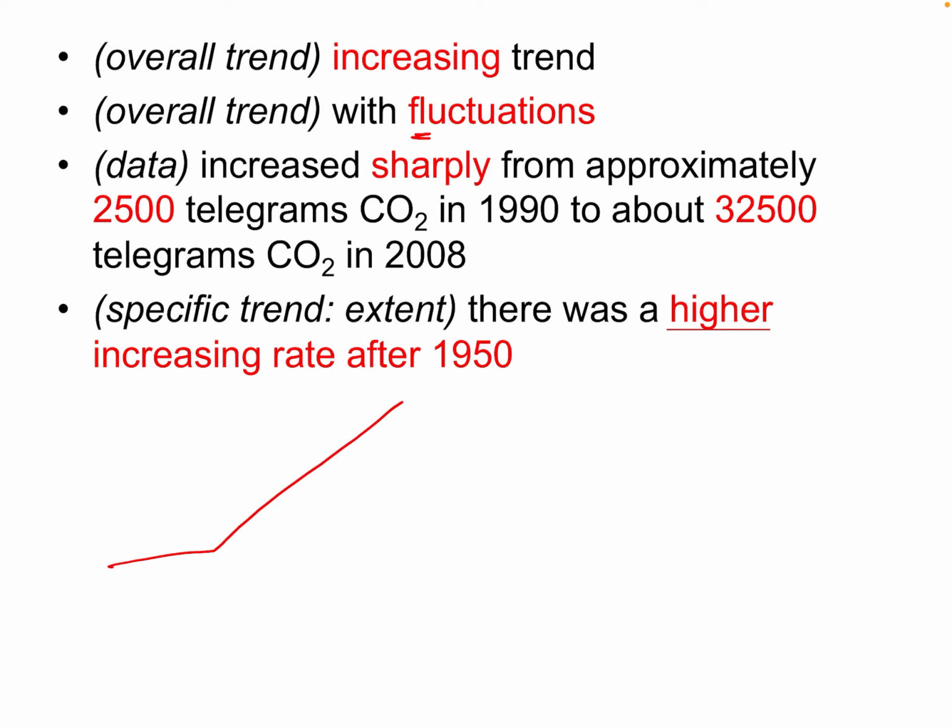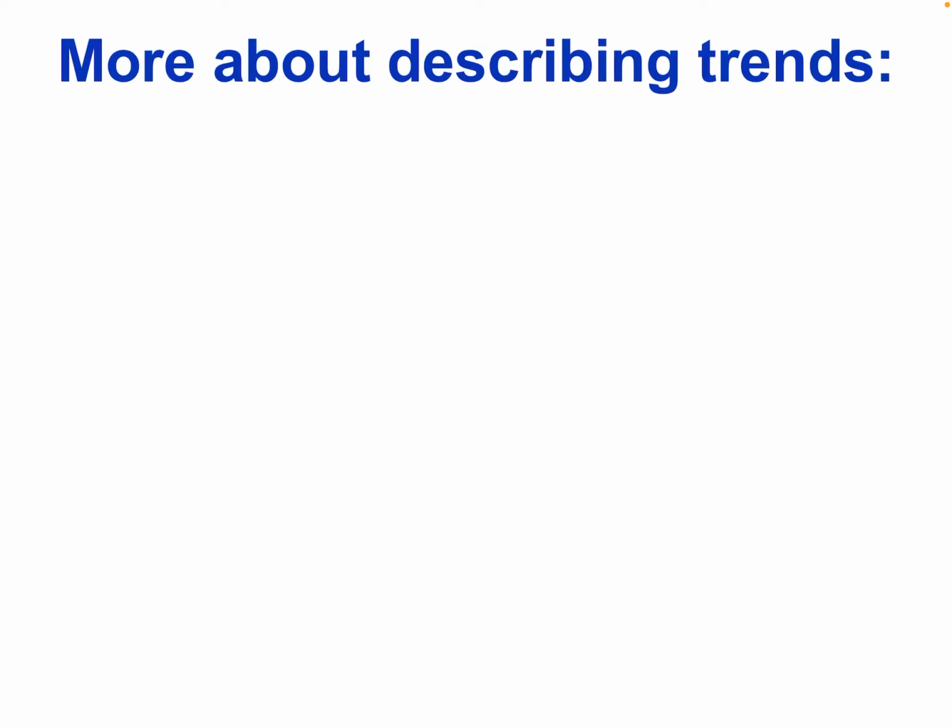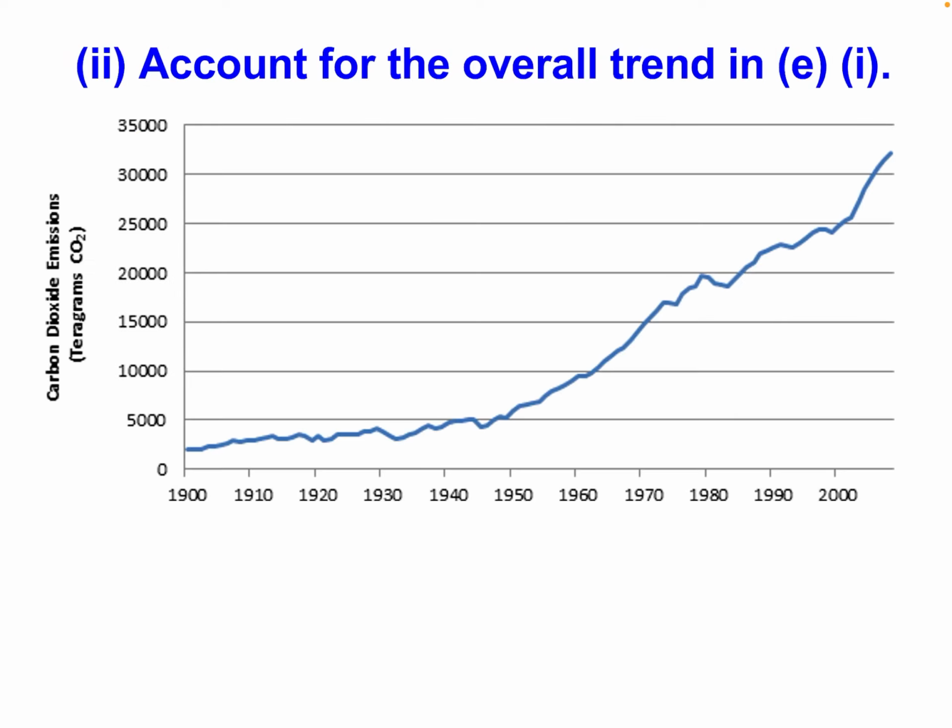Question 2: account for the overall trend in E1. More about trends we have marked down before, so I don't use the space. Can you write down by yourself, remarking about describing trends? I don't repeat; we learned it in the first lesson. So account for, do you still remember the word?